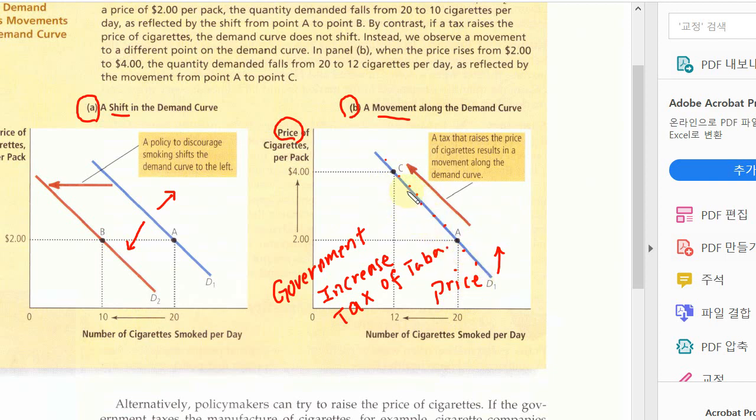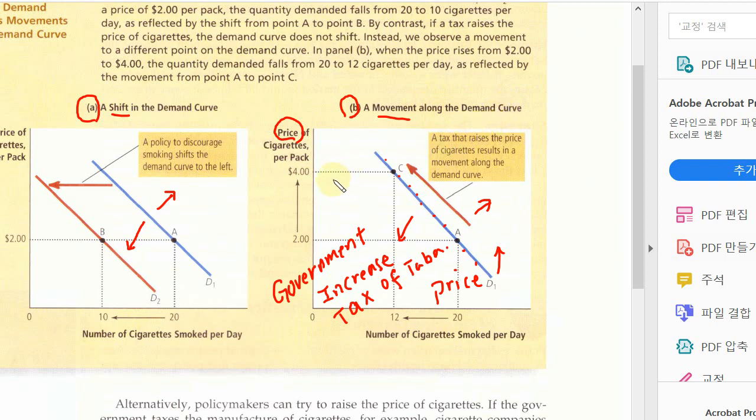But that demand decrease is just along this curve, not shifting the curve itself downward or upward. Demand just changes along this curve. This is the movement along the demand curve.